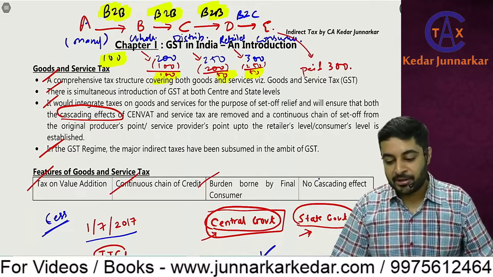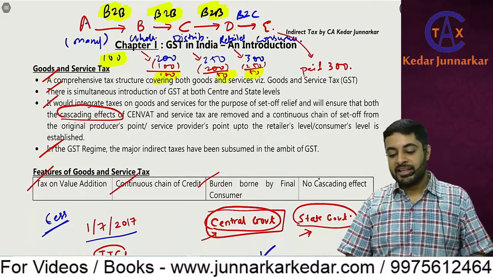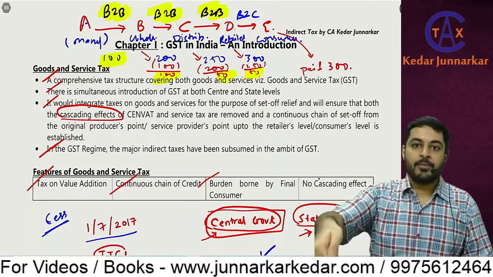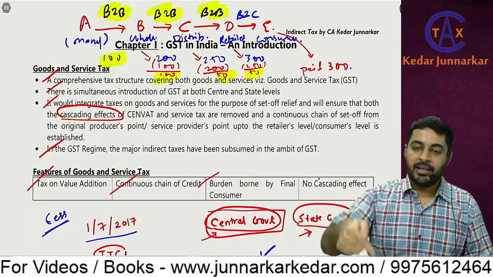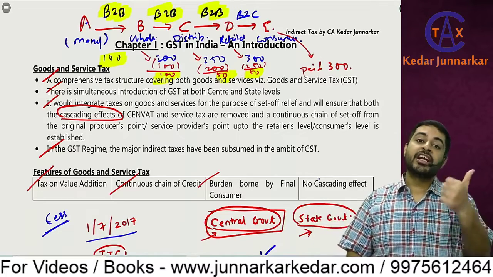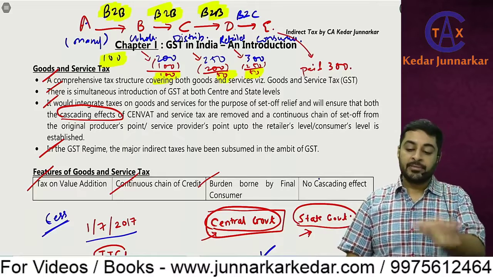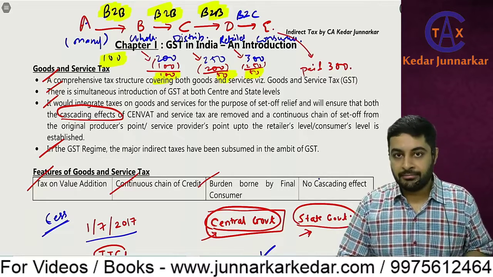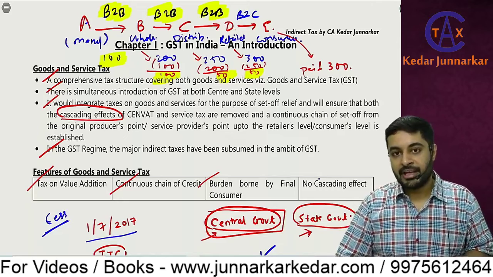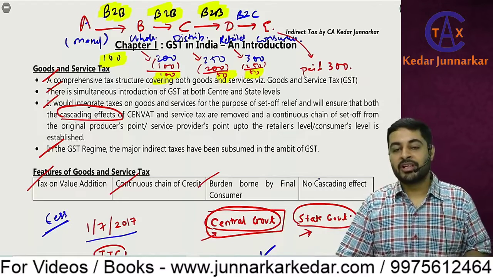Once again I'll explain. So the burden of 300 is on E. Ultimately 300 rupees have been paid by E, but has that 300 rupees been deposited to government? Yes, it is deposited, not by D. Even if D has recovered 300 from E, D has not deposited 300.